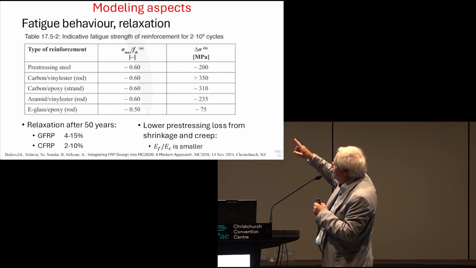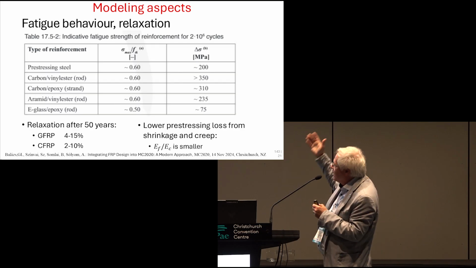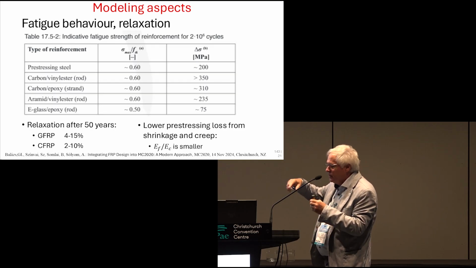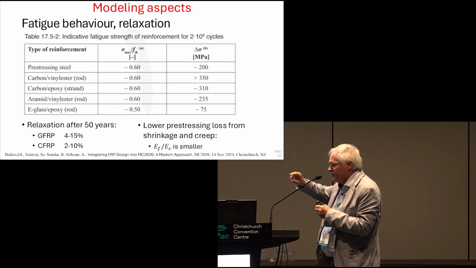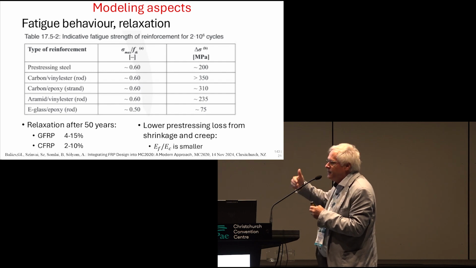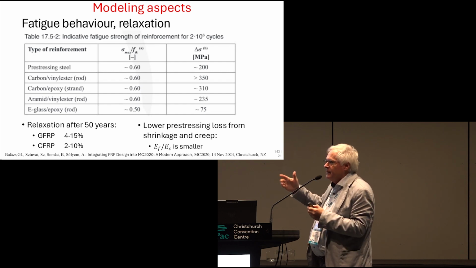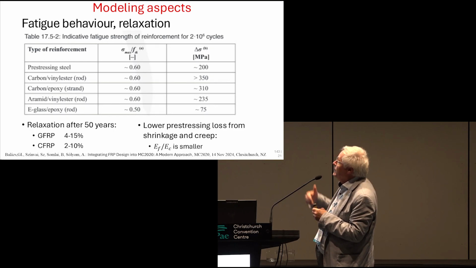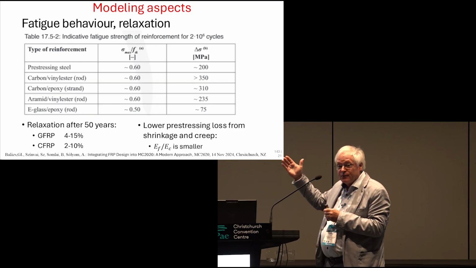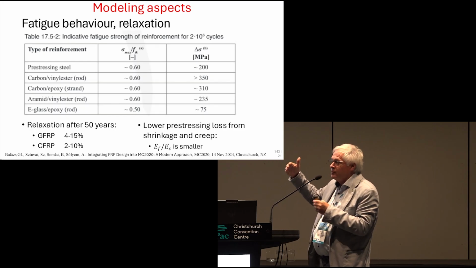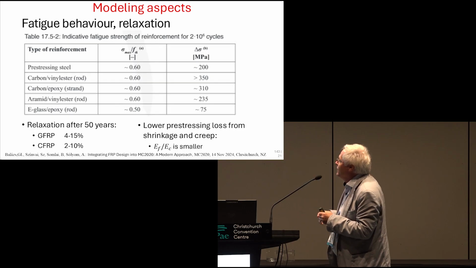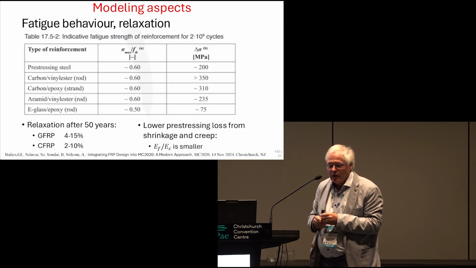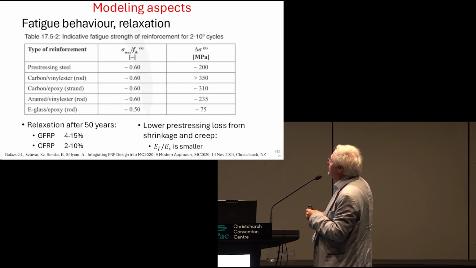However, this is very important, the last column: what is the maximum fatigue stress interval? For pre-stressing steel, we know everybody. Normally, we use 200 Newton per square millimeter, and this is a very positive answer here, that we have much higher values, 350 and 310 for carbon fibers. This is very positive.